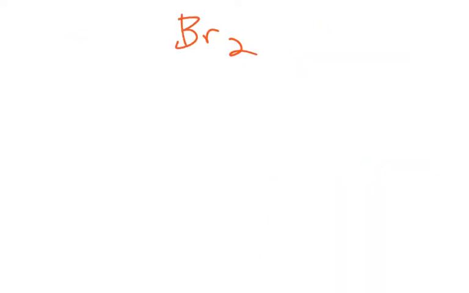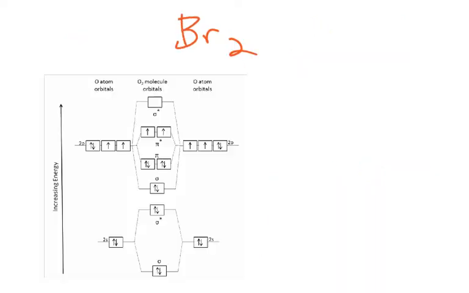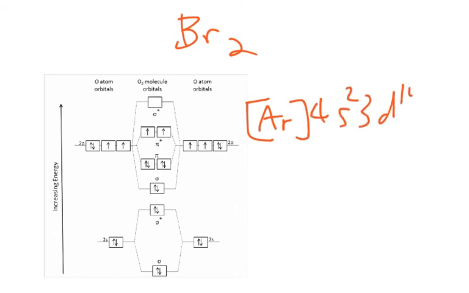So let's move on to this question, Br2. So Br has an electron configuration of, I'm guessing, well, let me look at a periodic table. I'm pretty sure it is going to be argon, and then it's going to be 4s2, 3d10, and then 4p5.